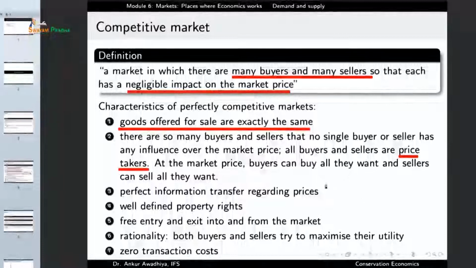No buyer or seller has any influence over the market price. Once the market price has been determined by the behavior of so many buyers and sellers, then at the market price the seller should be able to sell as much of the good as he wants to, and the buyer should be able to buy as much of the good as he wants to.